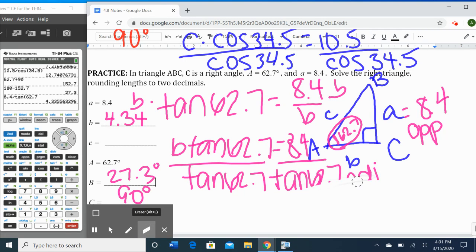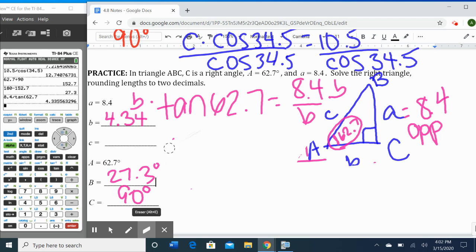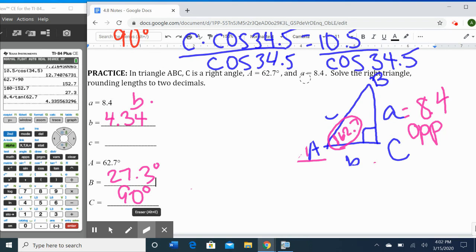Okay, I'm going to erase this so that I have room to find C. I'm still going to use the angle that I'm given and the side that I'm given. This is still opposite, so I don't actually have to erase that. But instead of looking for adjacent, I'm looking for hypotenuse. The trig function that uses opposite and hypotenuse is sine.